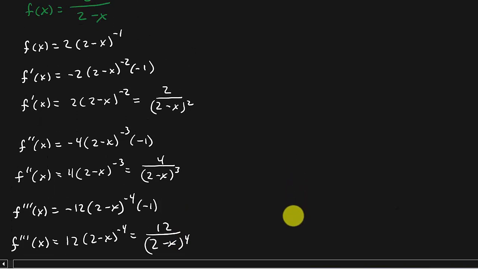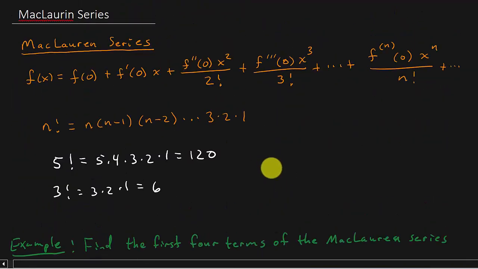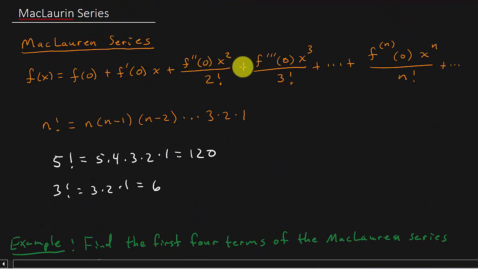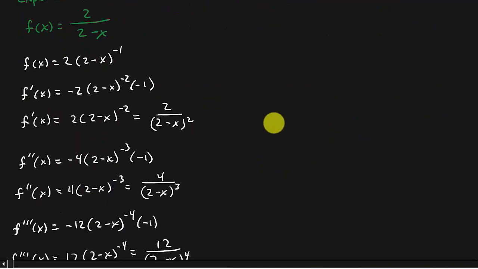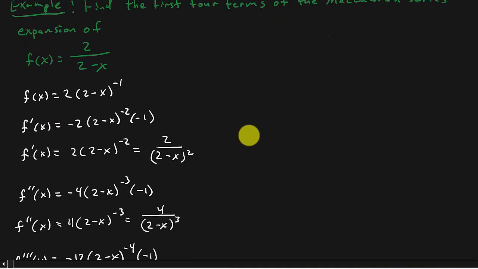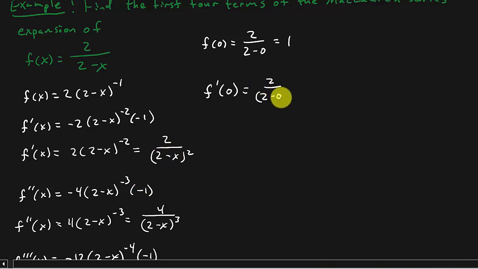All right, so now, what do we have to do now? Now we have to evaluate each one of them at 0. Okay, so I've got f of 0 is equal to 2 over 2 minus 0, which is 1. F prime of 0, I'm going to plug it into this one. That's going to be 2 over 2 minus 0 squared, which is 2 over 4, which is 1/2.